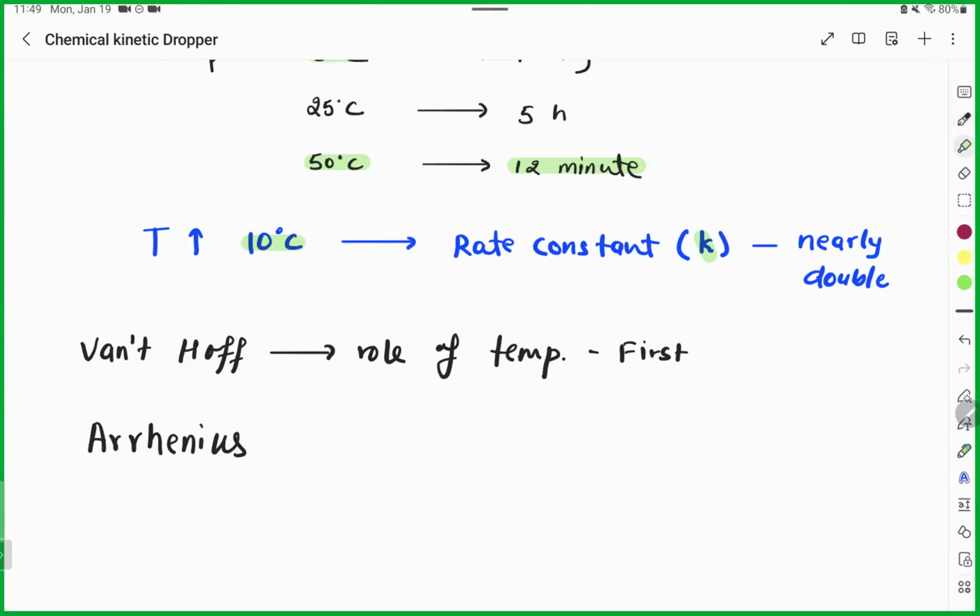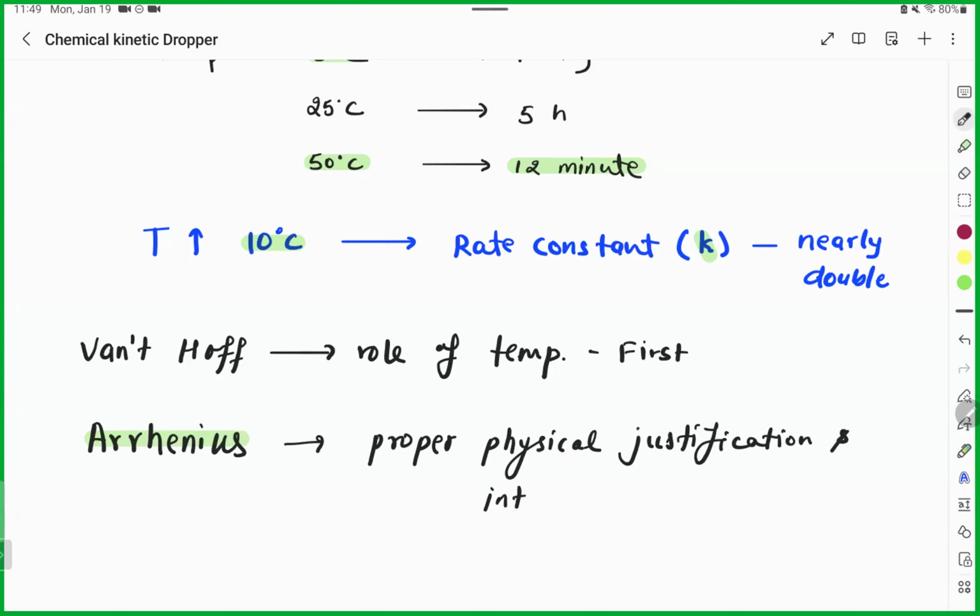So Arrhenius was the one who gave the proper justification and physical proof of the same reaction.